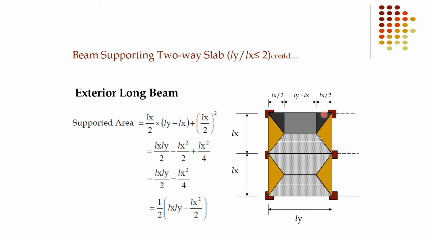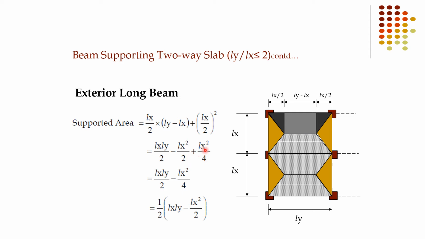So for two sides, when multiplied with 2, it will become lx square by 4. So here you can see lx square by 4 or lx square over 2 square, the answer will be the same. By simplification, lx will be multiplied inside, similarly I will open this, lx square by 4. Here is lx square by 2, lx square by 4.